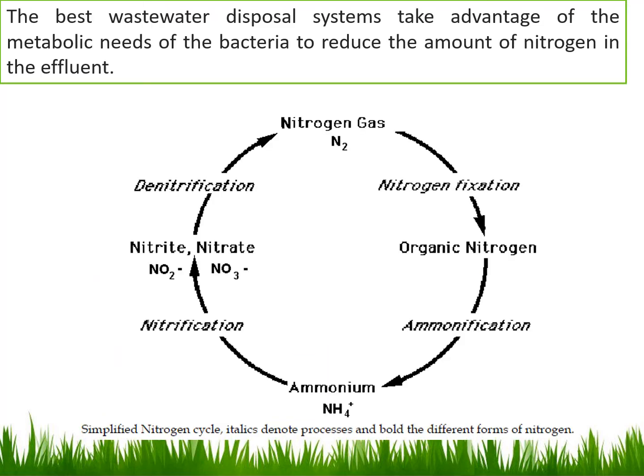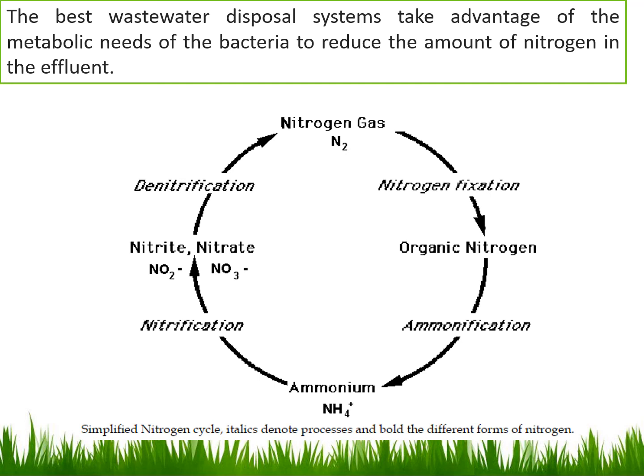This is the complete natural cycle. If you go through it, you can find all the processes here. First we have nitrogen fixation, taking nitrogen from the atmosphere and converting it into organic nitrogen. This organic nitrogen is converted to ammonium by ammonification.